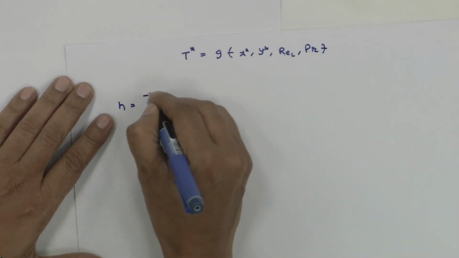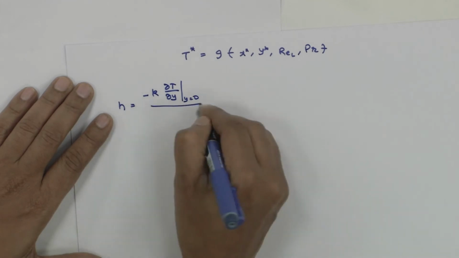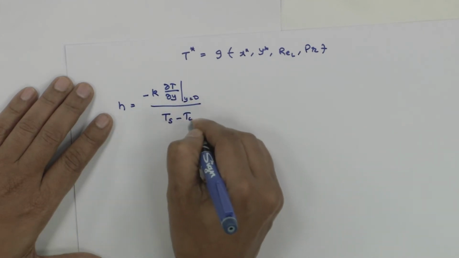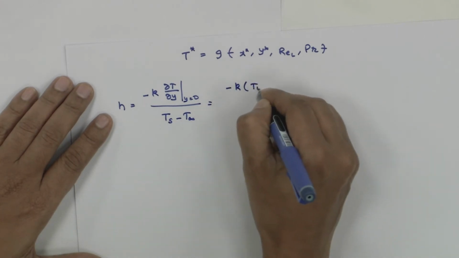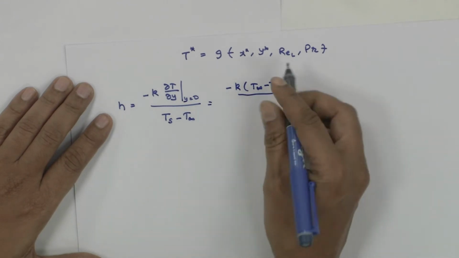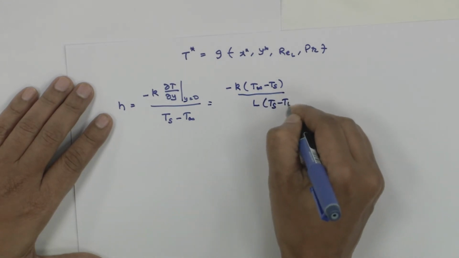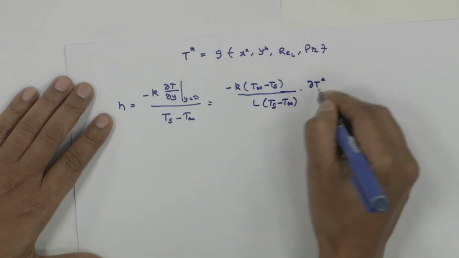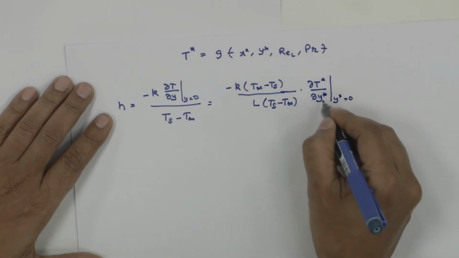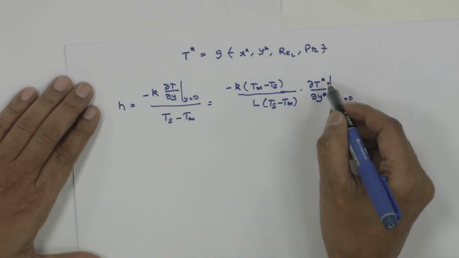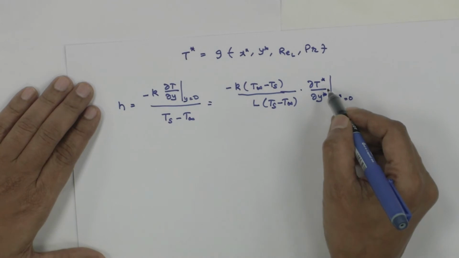H equal to minus K del T by del Y at Y equal to 0 upon Ts minus T infinity. If I non-dimensionalize this, I get minus K into T infinity minus Ts upon L, into Ts minus T infinity, into del T star by del Y star at Y star equal to 0. Remember, Y star equals Y by L and T star equals T minus Ts upon T infinity minus Ts.